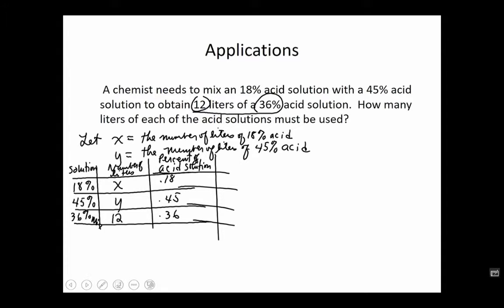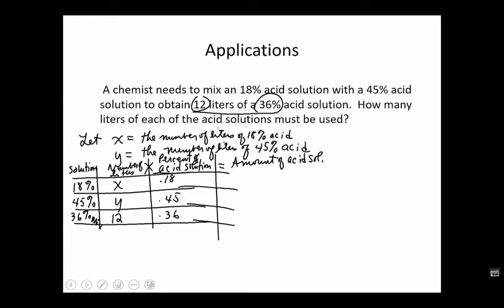Now if we multiply the number of liters in each by the percent of each acid solution, we will obtain the desired amount of acid.